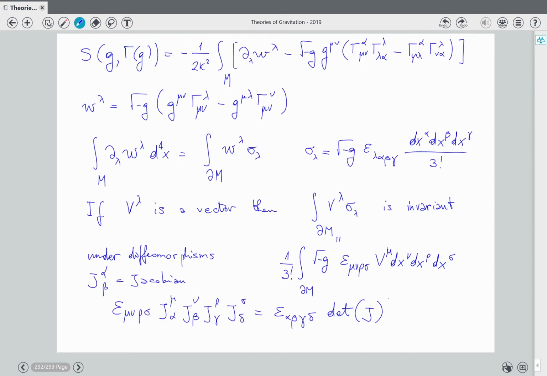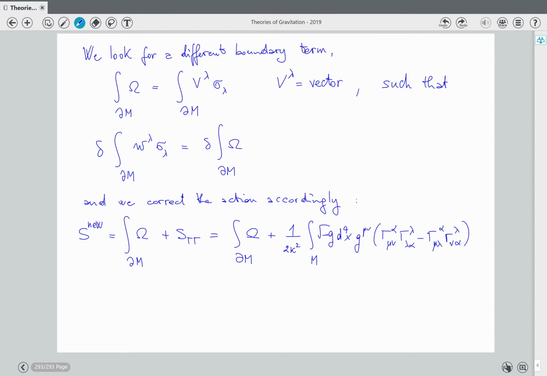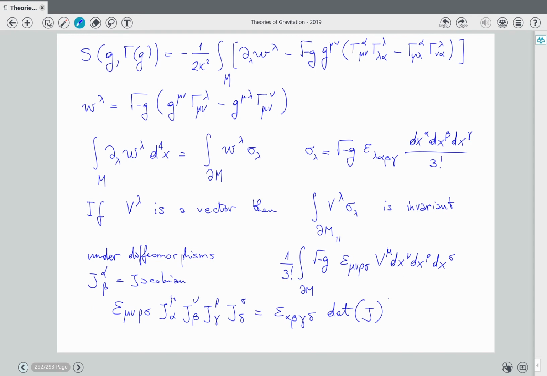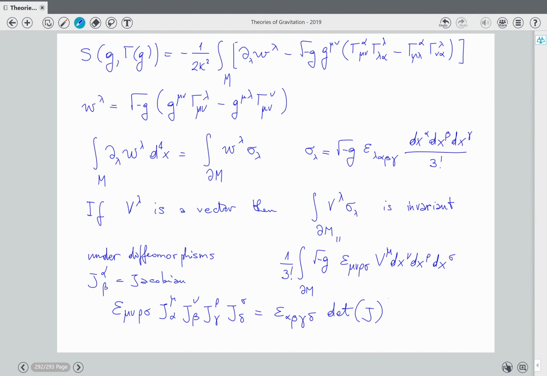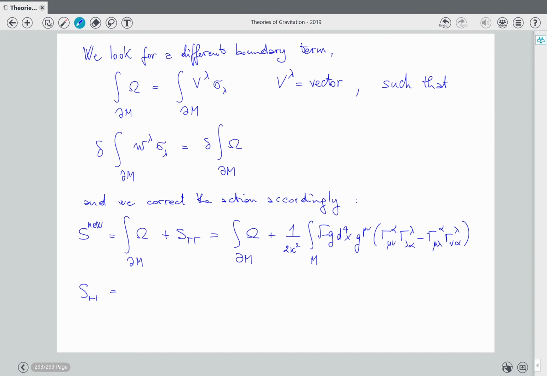So let's just a moment. So what can we do here? Let's say the Hilbert action is equal to, there are some constants here now that is maybe annoying. Okay, let's keep track of the constants as well.